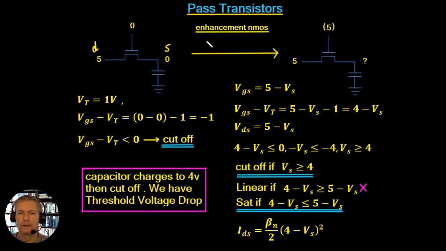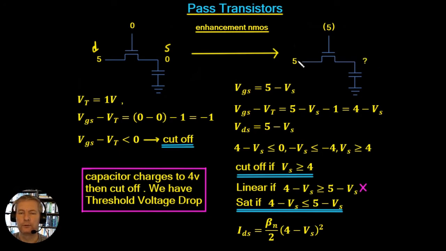In terms of conventional current flow, the current would be flowing in this direction. As the current flows in this direction, it charges up this capacitor. That is, the voltage on this capacitor is going to rise, and we're interested to find out what voltage we end up with at this side.